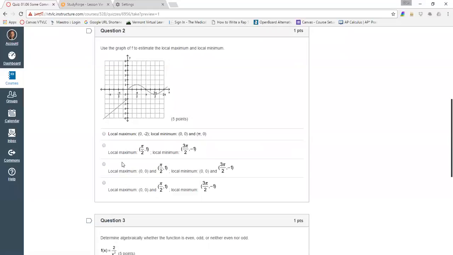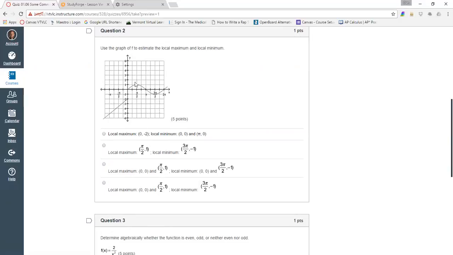Okay, so that one's out. There's a local maximum at pi over, yes, I would agree that's a maximum. And that does have a local minimum right there. Let's see, what other choices do they have? Oh, that's correct, that's a maximum.